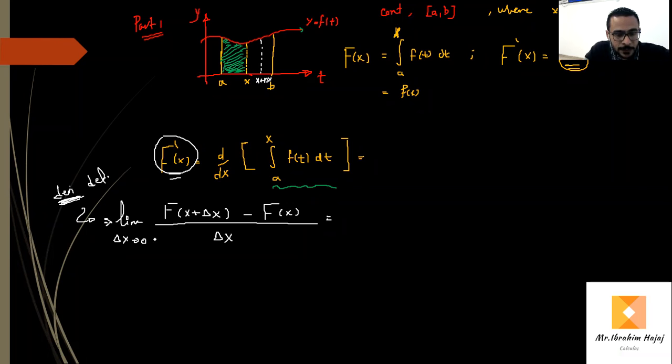the limit as delta x approaches 0 of f of x plus delta x minus f of x over delta x.